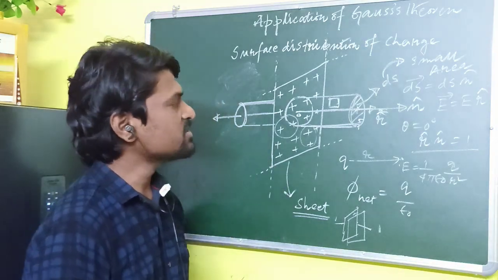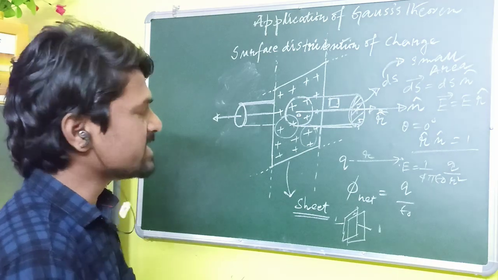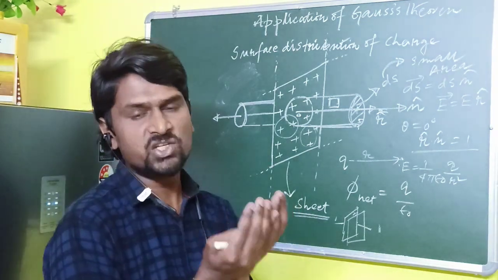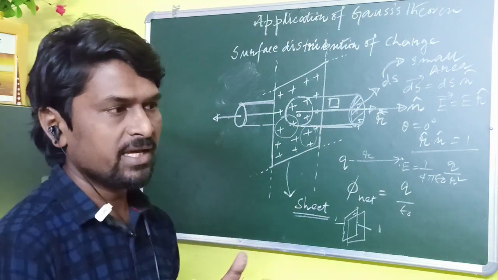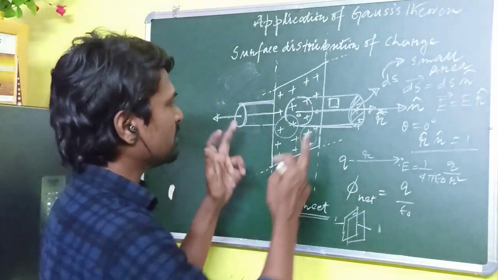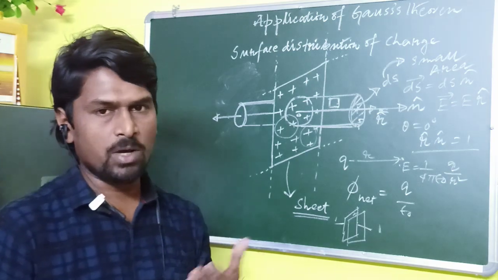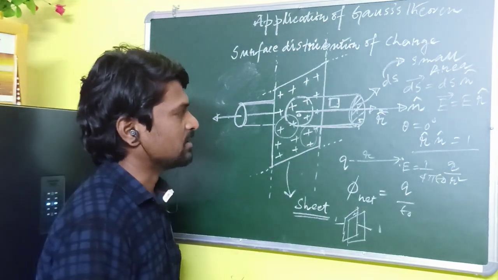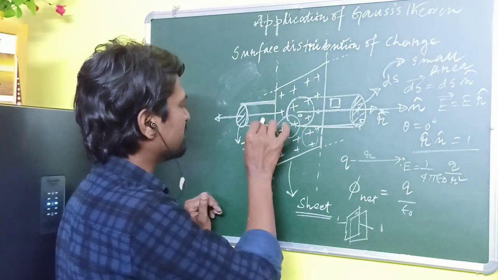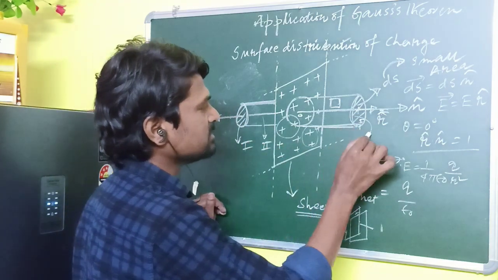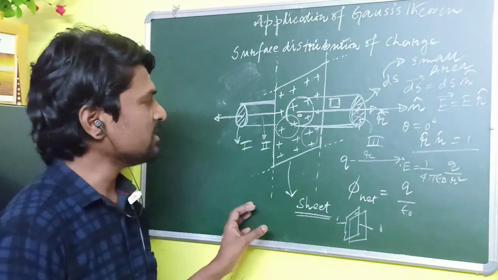So when we take the closed surface integration of the electric field, you have to divide it into three integral parts: two integrals for the two flat surfaces, and another for the curved surface. So this one is 1, this is 2, and this is 3. There are three surfaces actually.